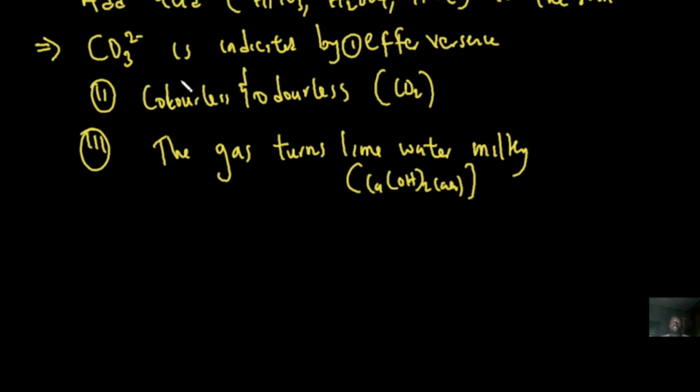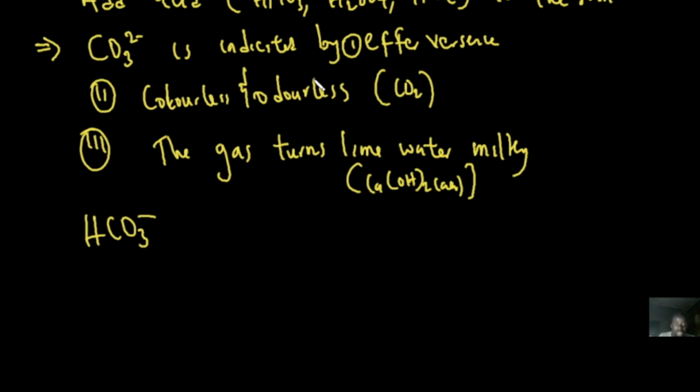Once you have sample plus acid, and you go to the observation, and you notice effervescence, followed by production of a colorless, odorless gas, how do you know it's CO2? When they say that it turns lime water milky, you write in your inference: gas is CO2 from CO3 2-. Whether you are dealing with CO3 2- or the bicarbonate, HCO3-, they have basically the same test. So just have that in mind.